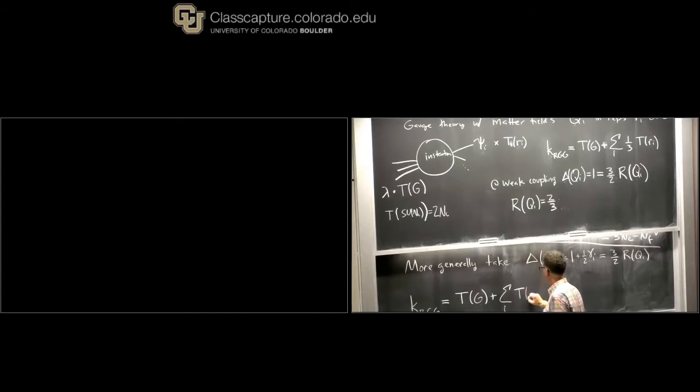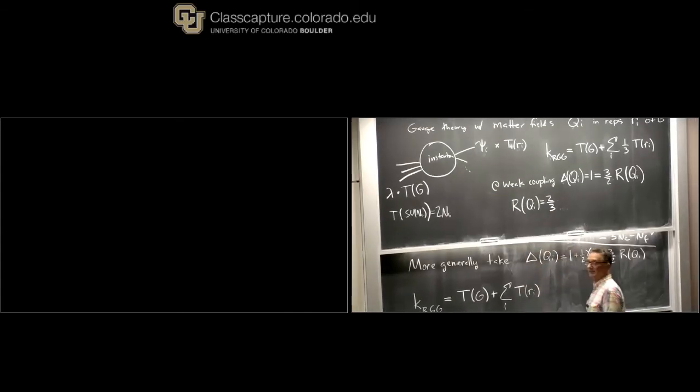The number of their zero modes is T of Ri, and then for their R charge I should solve for this R of Qi and subtract 1, because we subtract 1 for the fermion R charge.